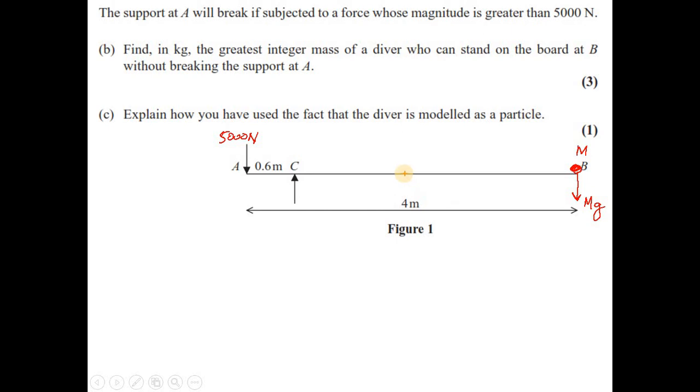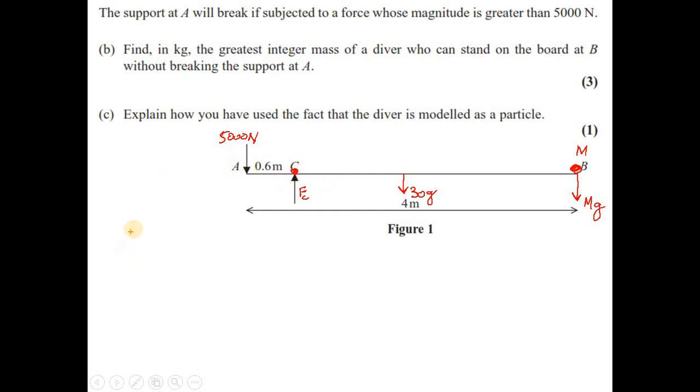Again, we have 30g here and FC. But FC will not be the same as before because we have changed FA. But we need to find m, so we don't need to worry about this FC. Force on A is given, so we can take C again as a pivot.